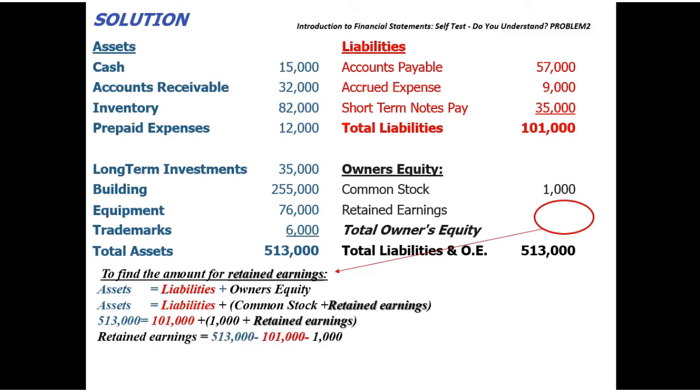So retained earnings equals 513,000 minus 101,000 minus 1,000. Retained earnings equals 411,000.